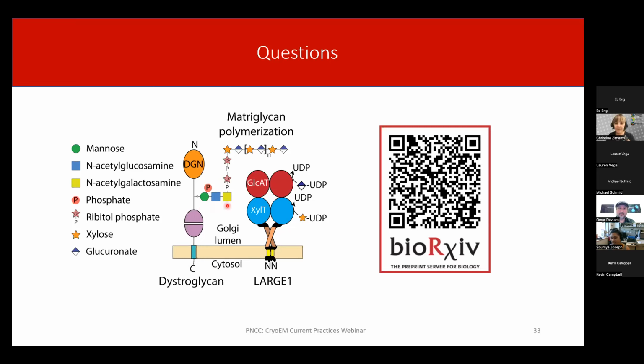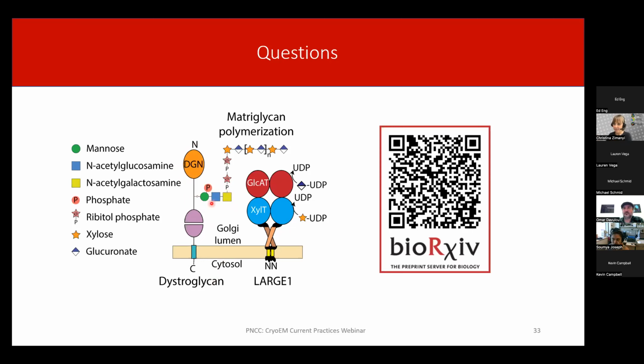We have previously published data that this core phosphorylated mannose can bind LARGE1 with an affinity of 11 micromolar, using an NMR titration. So it's this entity, DGN here, that appears to bind LARGE1.